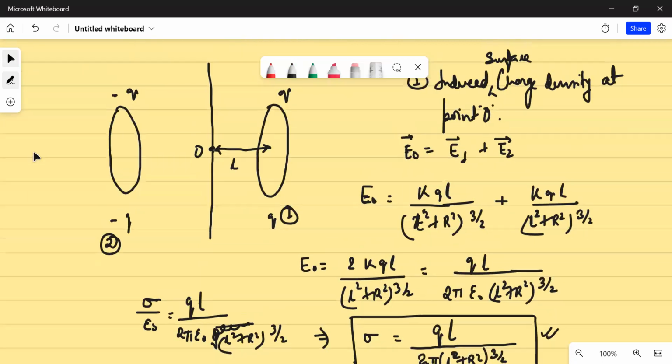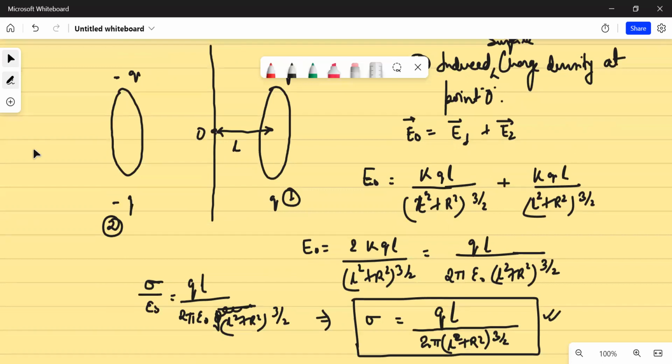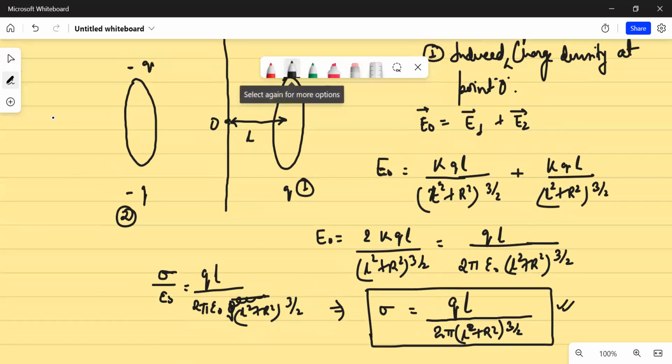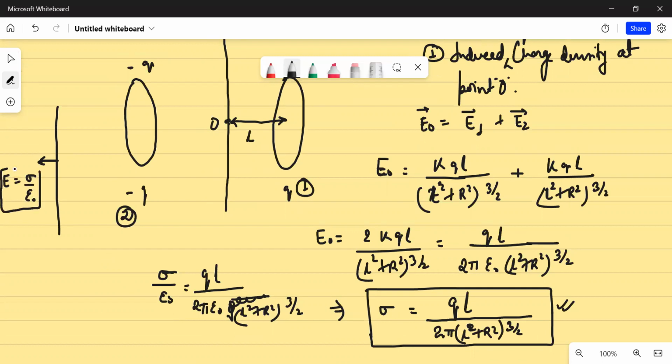Sir, how did you put epsilon naught in sigma? Okay, so just near the conductor, normal to the surface of the conductor, the electric field is given by sigma upon epsilon naught. So this result is for just near the conductor.